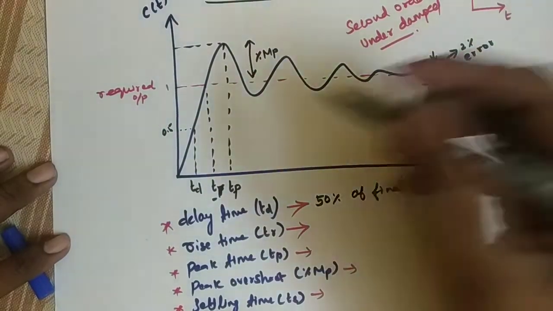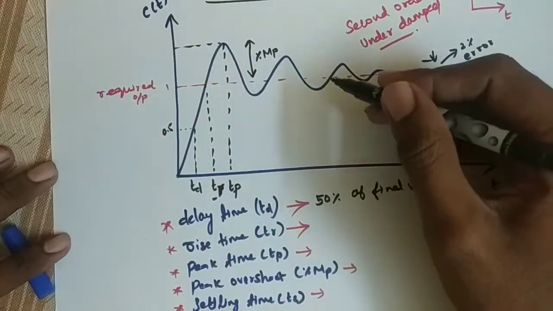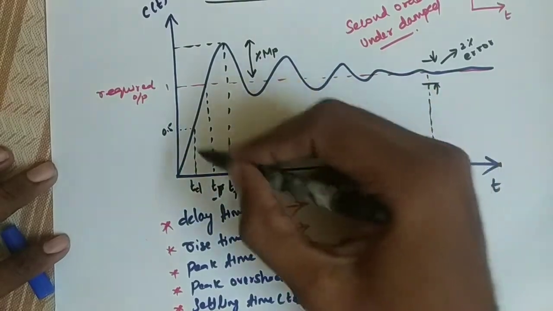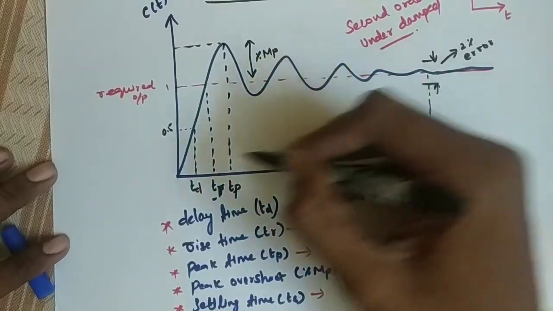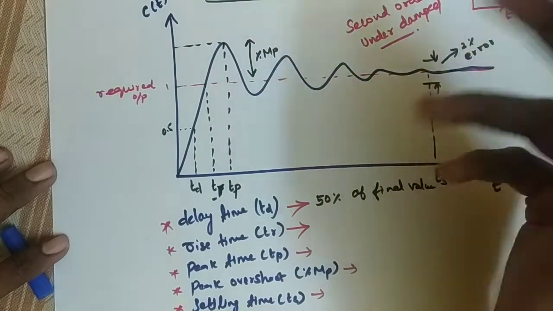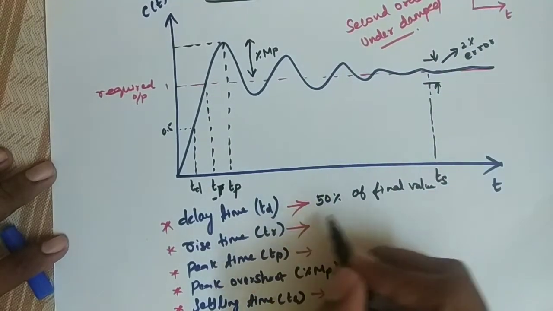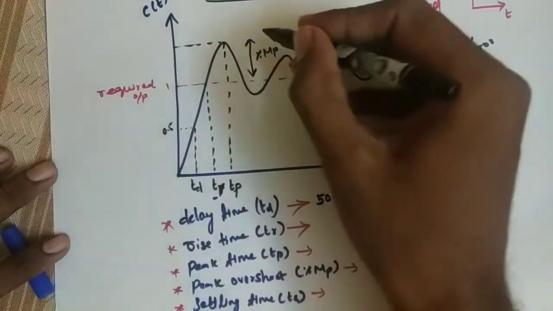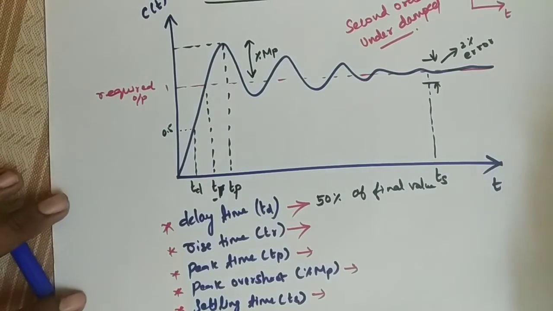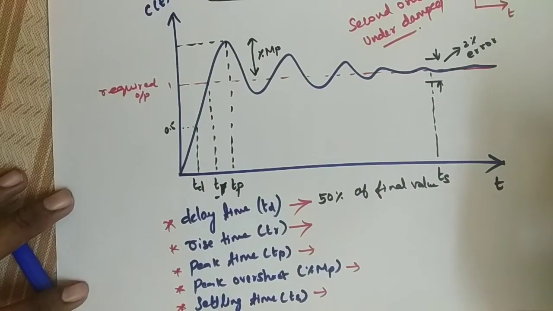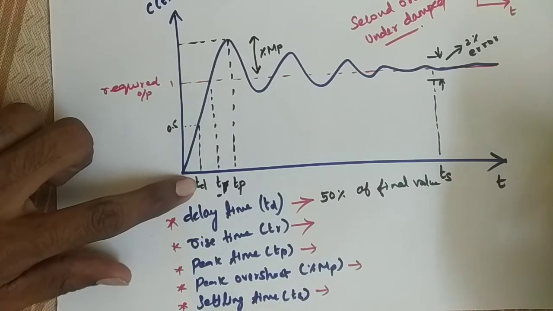It may oscillate, so it may cross 0.5 one more time and one more time. For n times it may be crossed. That is why I am saying it is not reaching 50% of the final value, it is crossing 50% of the final value. The very first time it crosses the 0.5 amplitude, that is the delay time.